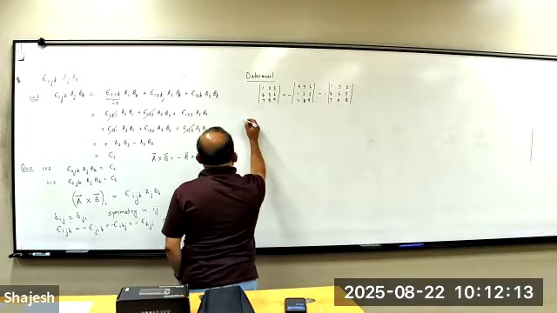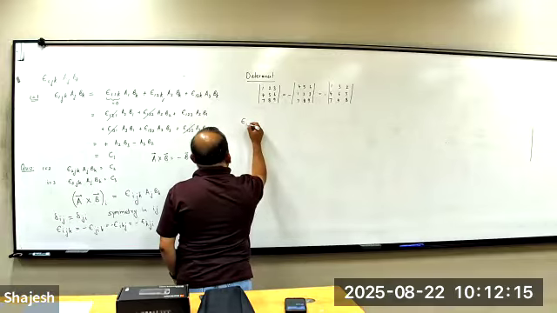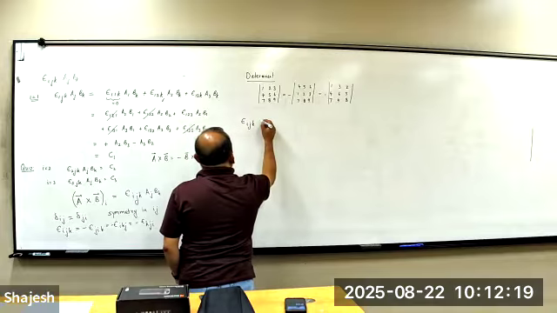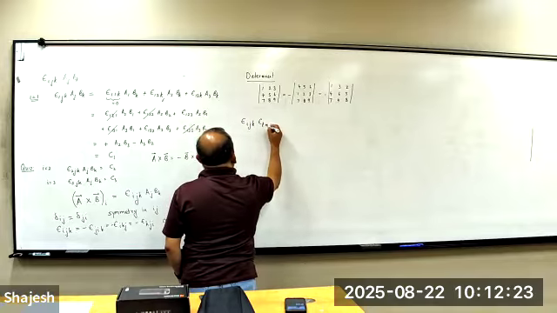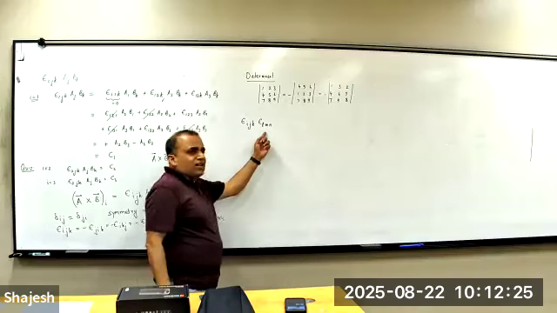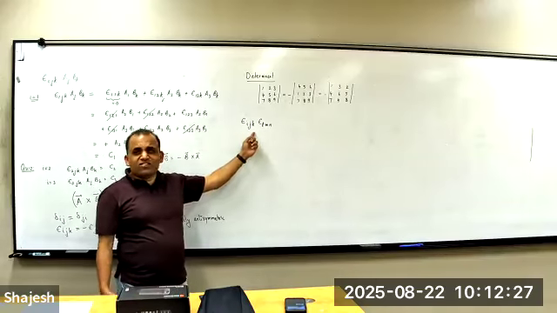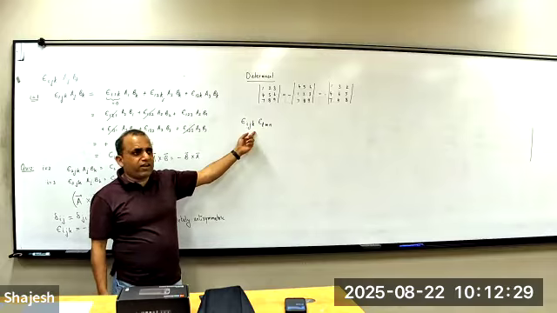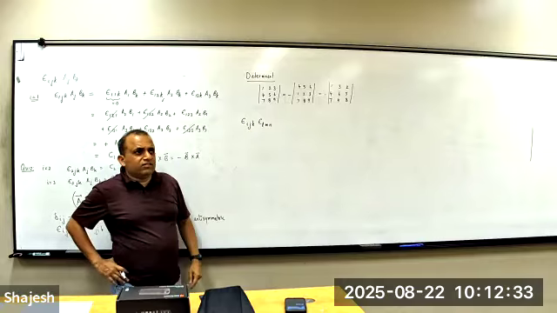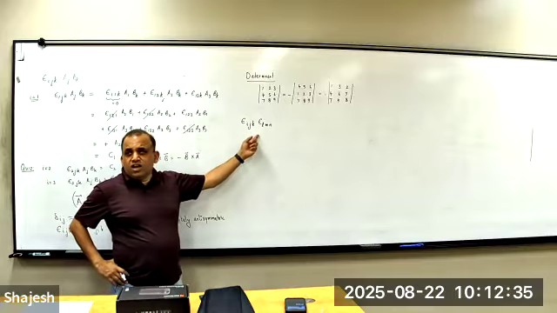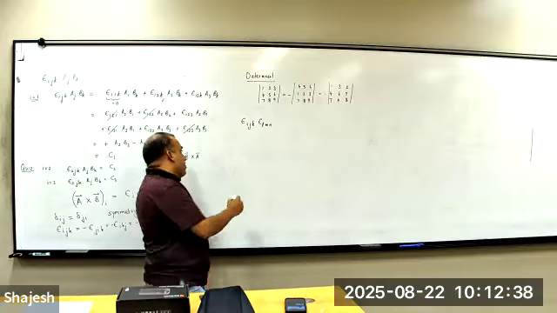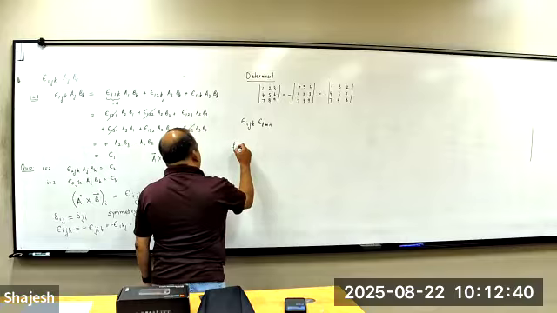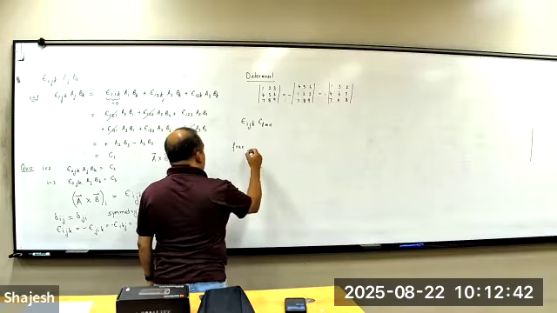So the idea is, if you have 2 Levi-Civita symbols, epsilon I, J, K, and let's say epsilon L, M, N. Is this a scalar or a vector or a second rank tensor? How many free indices? All are free.